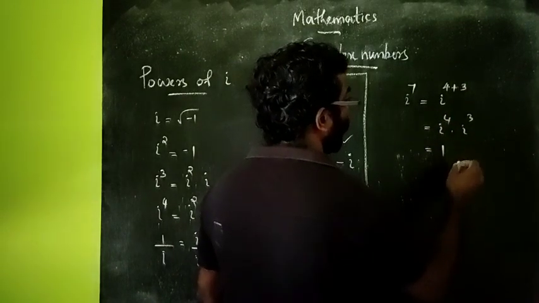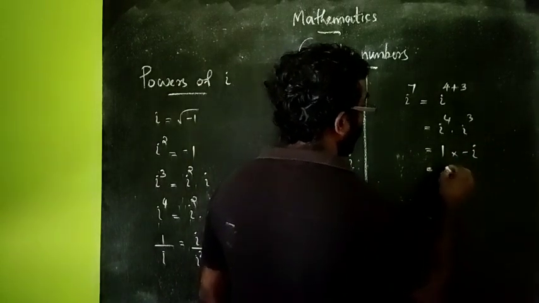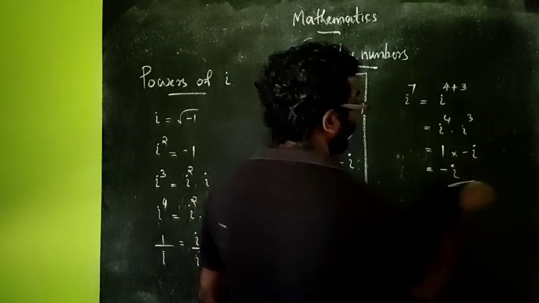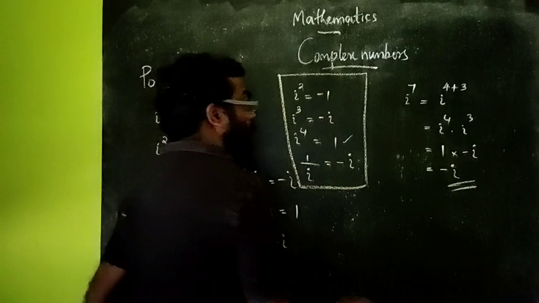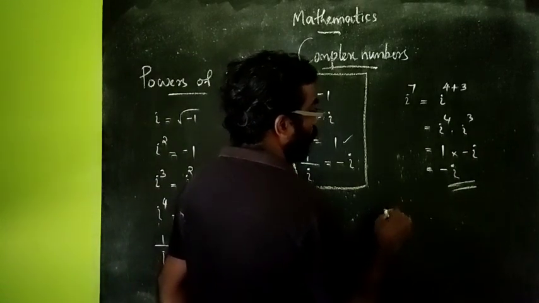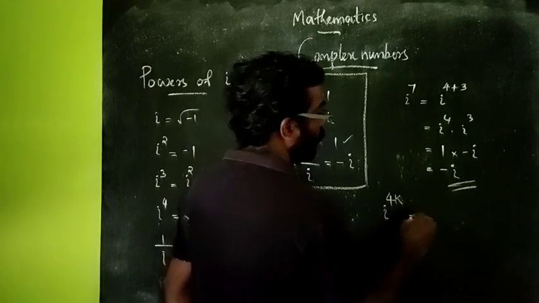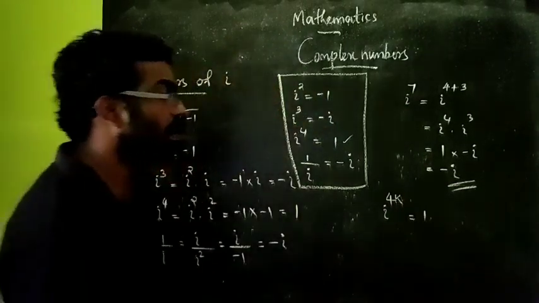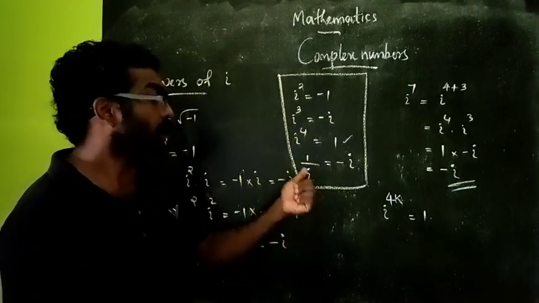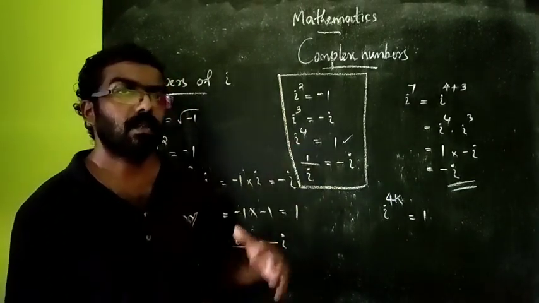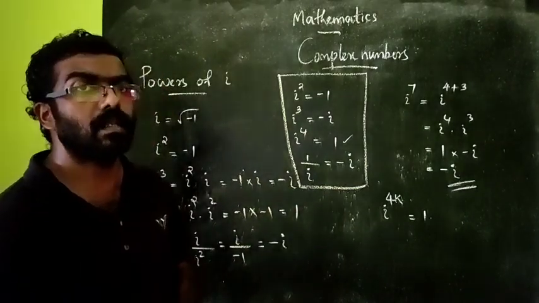I power 4 is 1, and I cube we know is minus I. So overall the answer is minus I. And there is a simple rule for that. I raised to 4k is equal to what? 1. I raised to 4k means a multiple of 4. Here I raised to 4 is 1. So for each and every multiple of 4, we get the answer as 1.